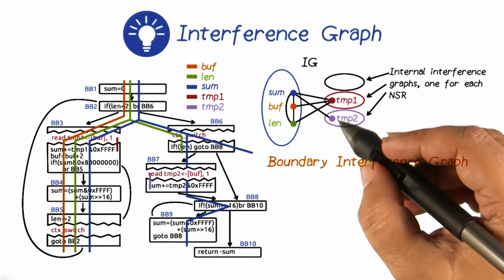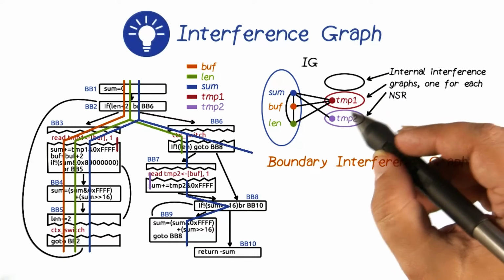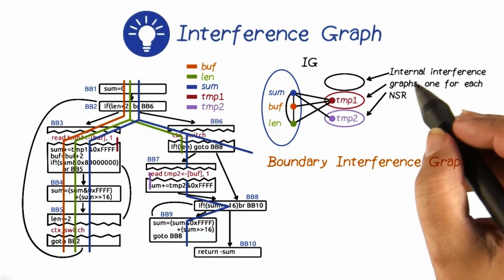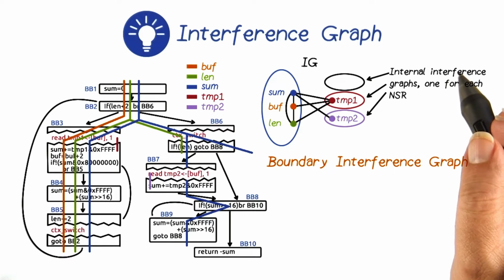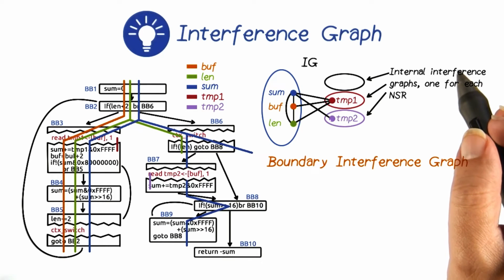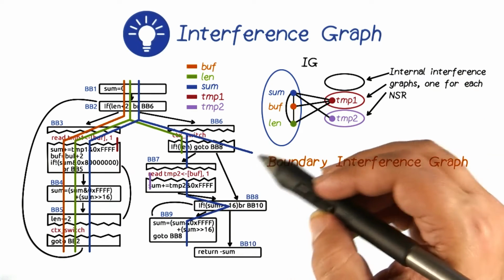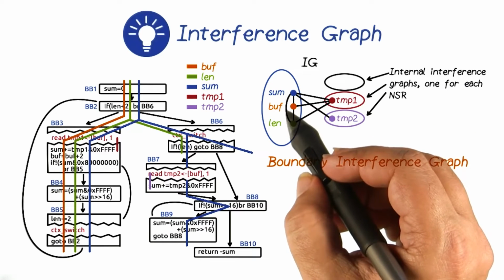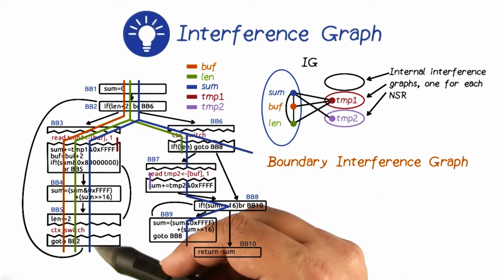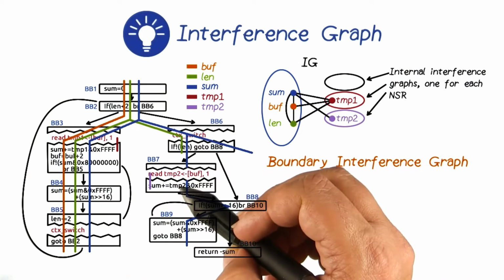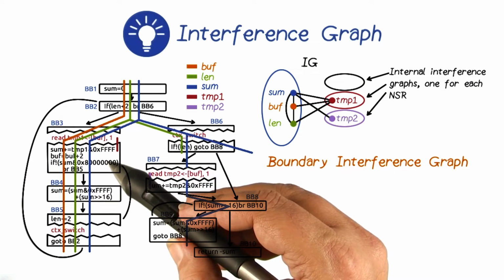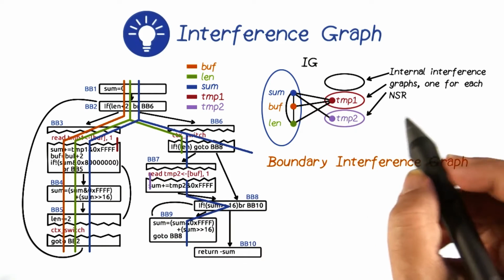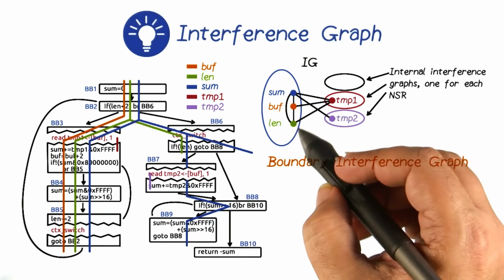So using our knowledge of live ranges, interference, boundary interference nodes, interference graph, boundary interference graph, and so on, let us now try to build the interference graph for this particular representation. As you know, sum, buff, and len are the ones which are live across these CSBs or across the boundaries, and therefore they form a boundary interference graph among themselves.